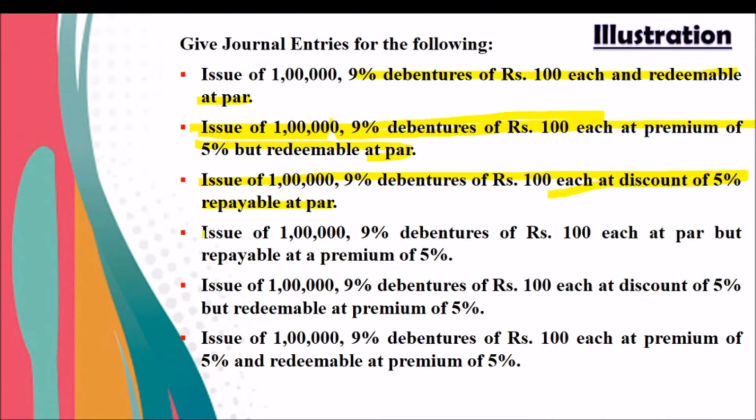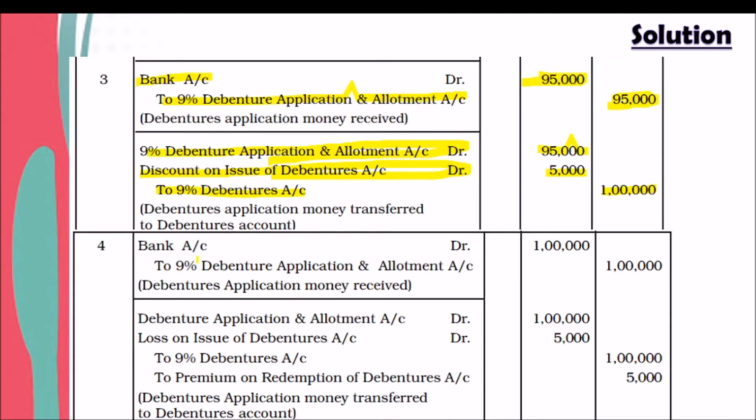And the fourth case, issue of 1 lakh 9% debentures of rupees 100 each at par but repayable at a premium. Repayable at a premium means there will be a loss. Bank account debit to 9% debenture application, issued at par, so 1 lakh.